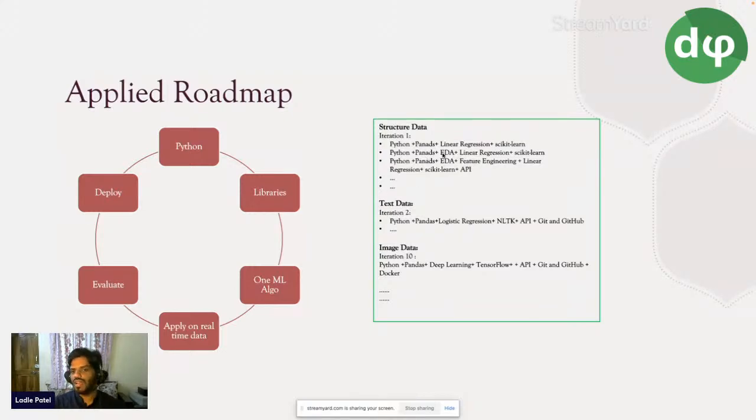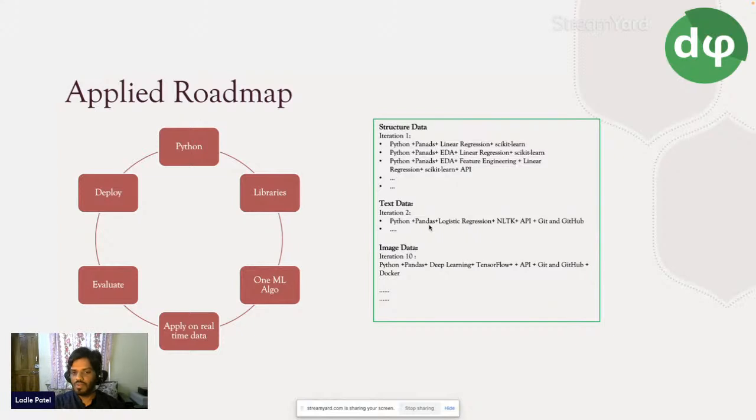If you follow this approach, it takes maybe less than a month, and then you spend time applying it. Maybe in iteration one you take 1 month to complete all of this, and then apply it on the real data set, maybe 15 days. And then in iteration 2, you choose a different data set. Here you learned on structured data.